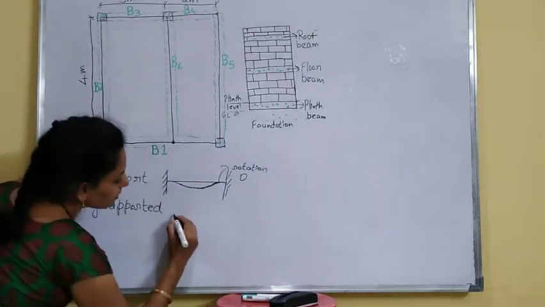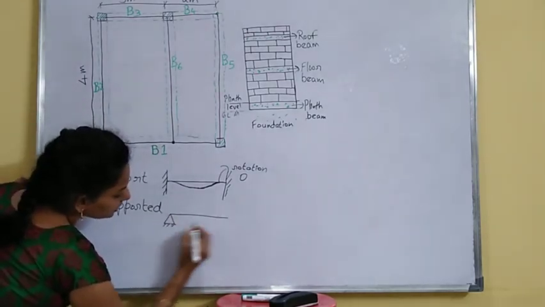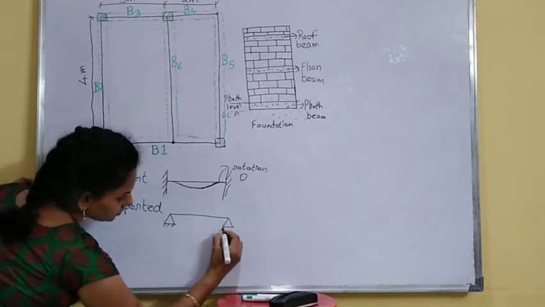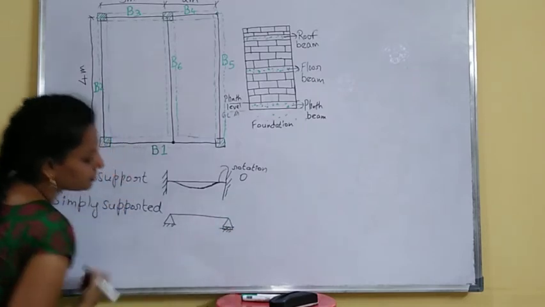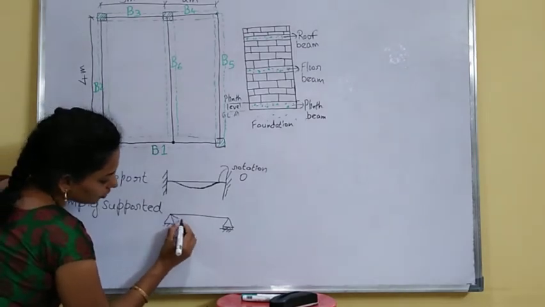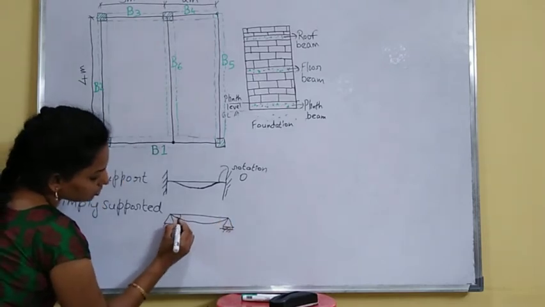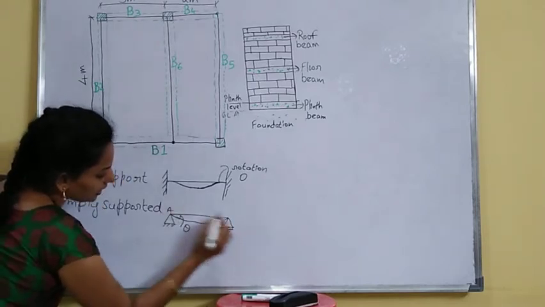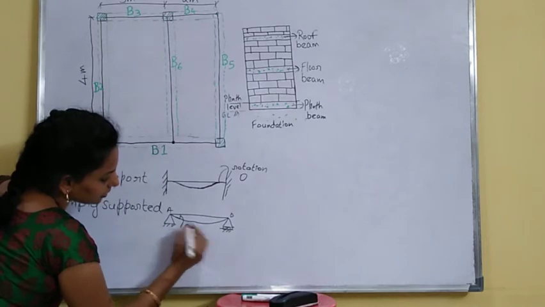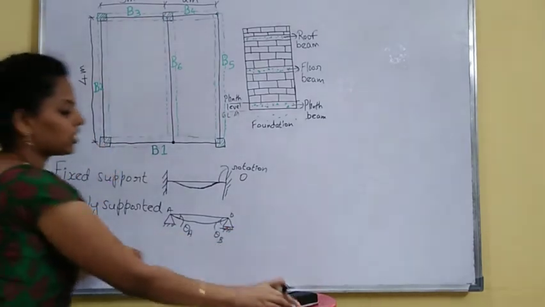Suppose it is simply supported, then there will be a hinge. Okay, this is simply supported, and at this point you will have some rotation. So this will be your elastic curve of the simply supported beam. Suppose this is A and this is B, this is theta A, and here you will have theta B. So there will be a rotation.